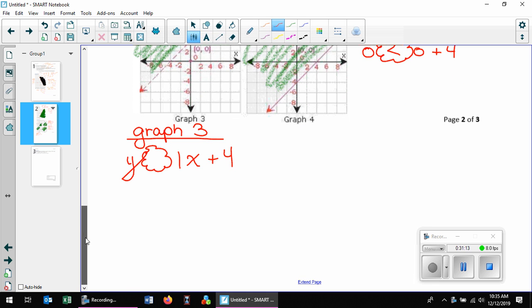So 4, fluffy cloud, -4 plus 4. So 4 and 0. So 4 is greater than 0. So that would be my inequality.